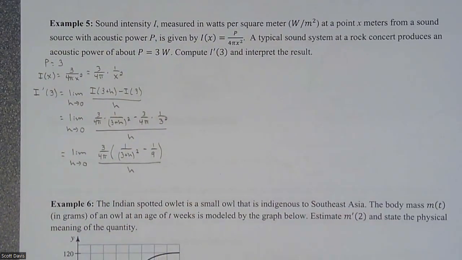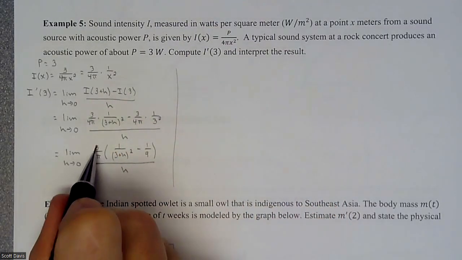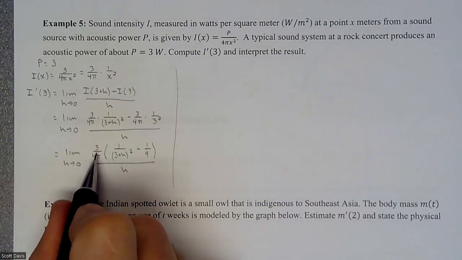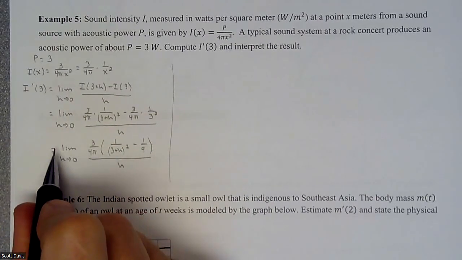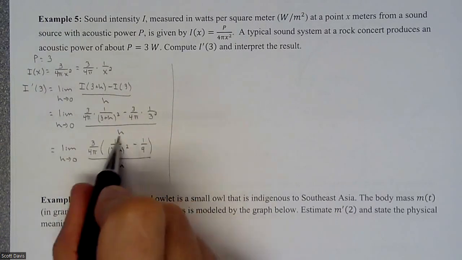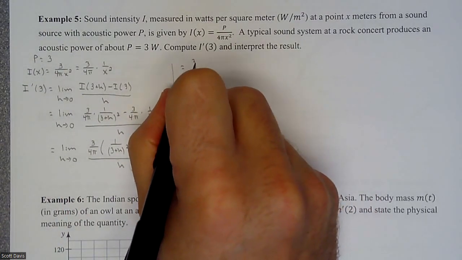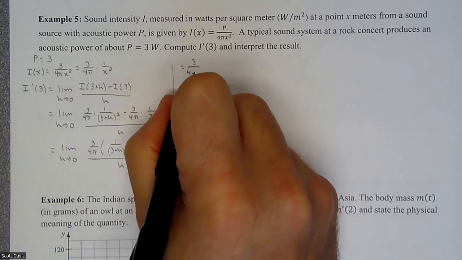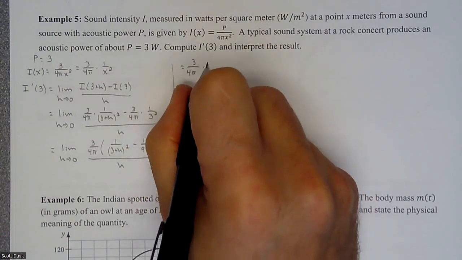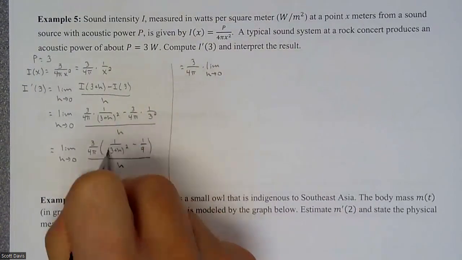Any constant sitting in front, there are properties of limits, I can take that out and multiply it back in eventually. So I'm going to do 3 over 4 pi times the limit as h approaches 0 of the inside.